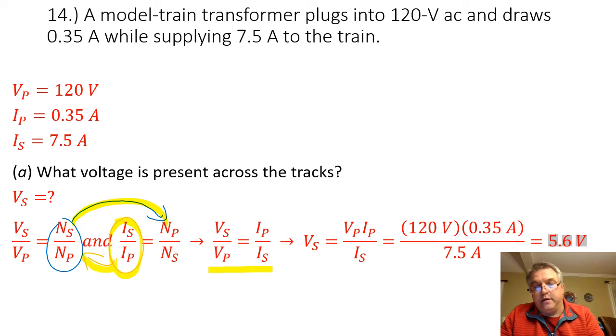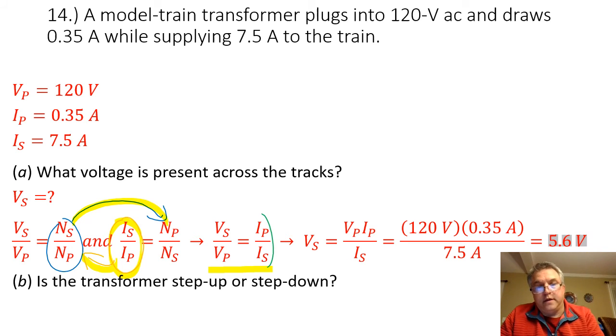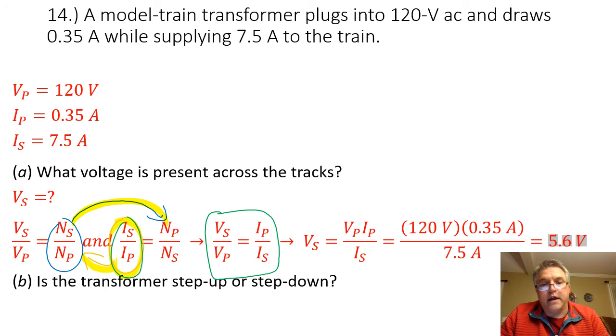Note that this and this are the inverse of each other. When I solve this for the secondary voltage, or Vs, I'm going to end up with Vs equals Vp times Ip over Is.